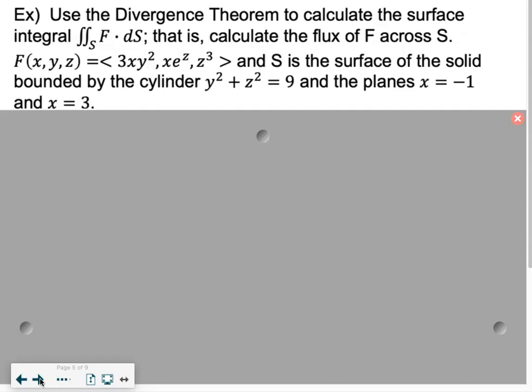So you have a cylinder that is kind of like in the YZ realm, right? So it's kind of a sideways cylinder from x equals -1 to x equals 3. So it's actually like your regular cylinder that looks like a can, right?